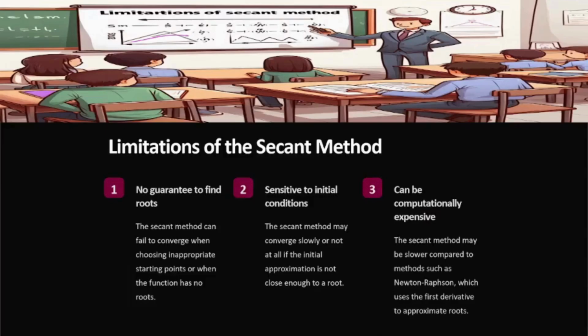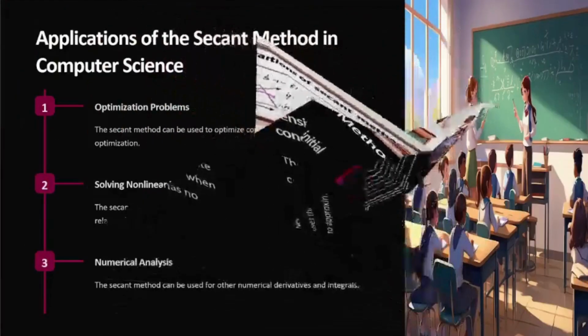The second is sensitivity to initial conditions: the secant method may converge slowly or not at all if the initial approximation is not close enough to a root. The third limitation is that it can be computationally expensive. The secant method may be slower compared to other methods such as Newton's, which uses the first derivative to approximate the roots. Now moving towards the next slide.